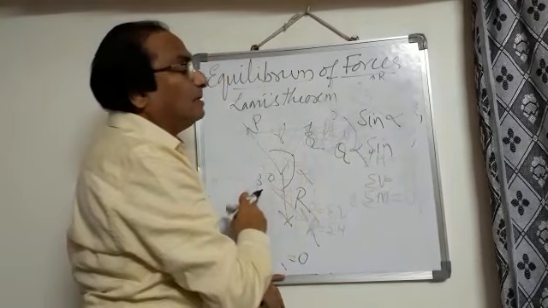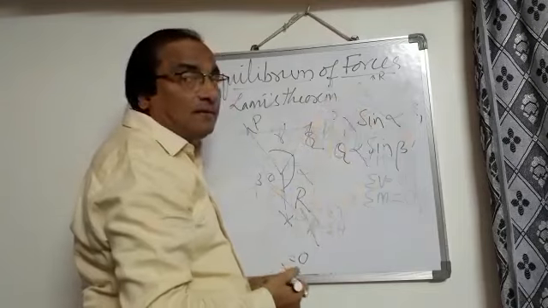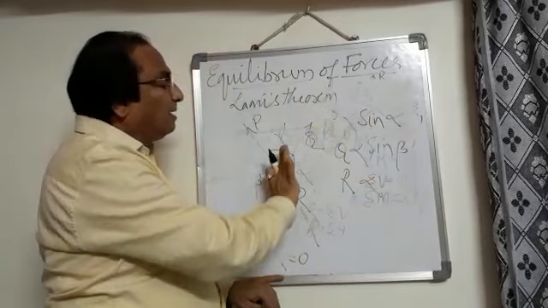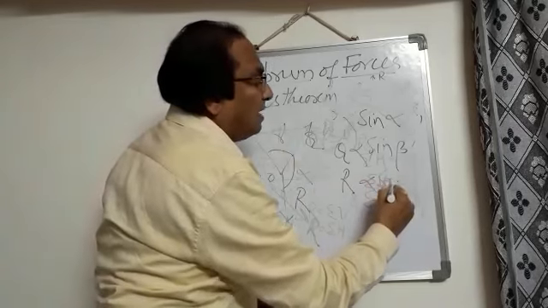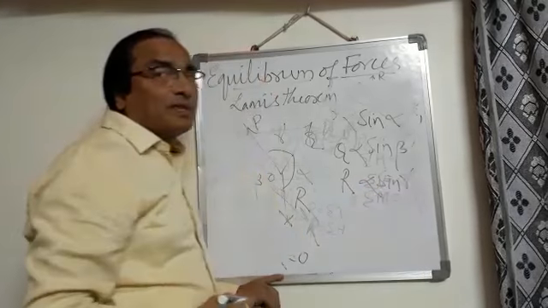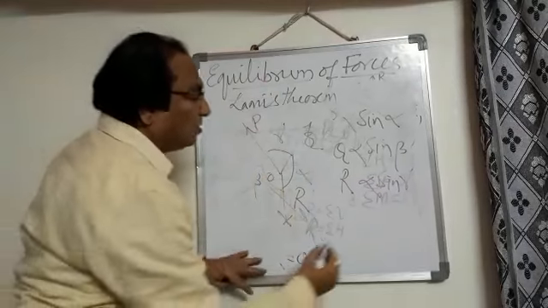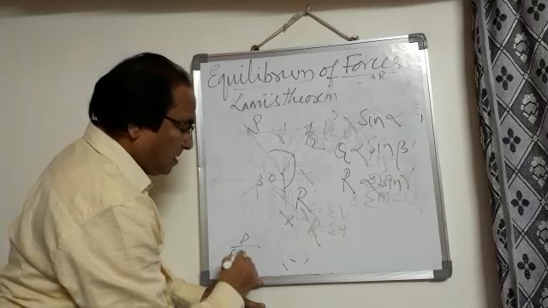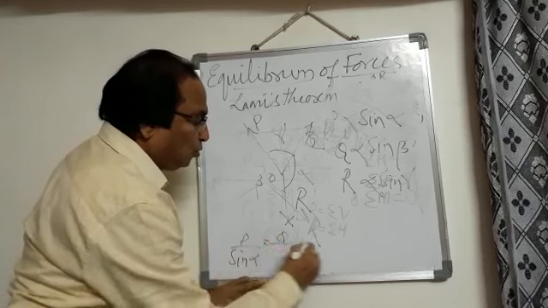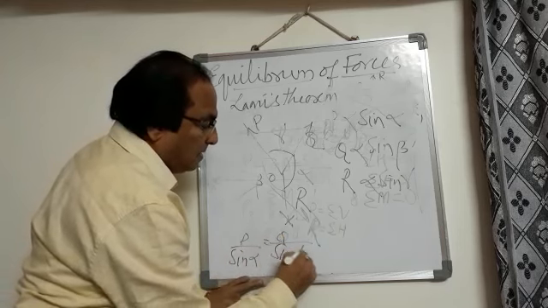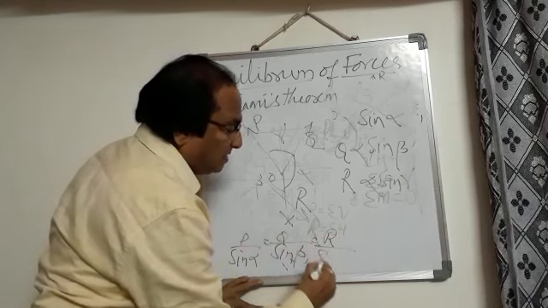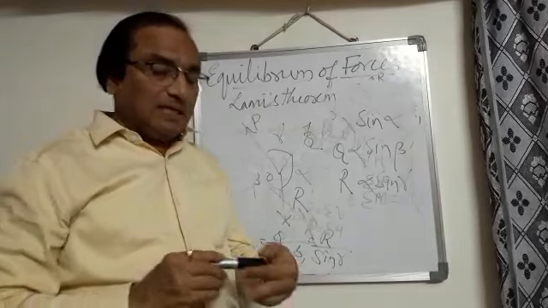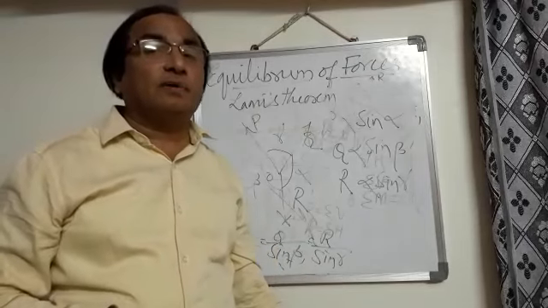What is the angle made between the other two forces? Beta. Likewise, R, third force, is proportional to sine of gamma. Or in total, we write P by sine alpha is equal to Q by sine beta is equal to R by sine gamma. This is known as the Lami's theorem of equilibrium of forces.